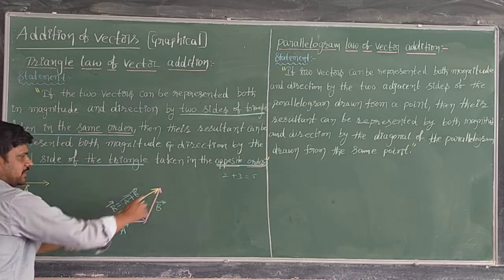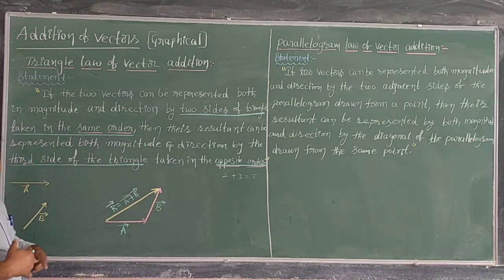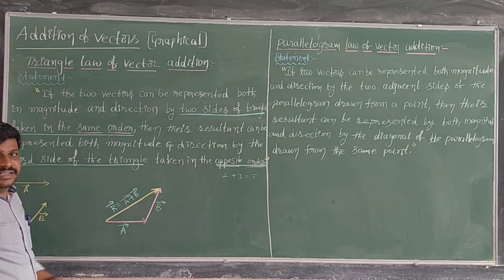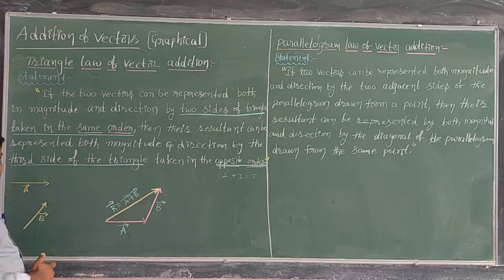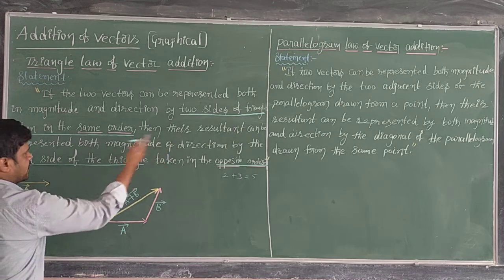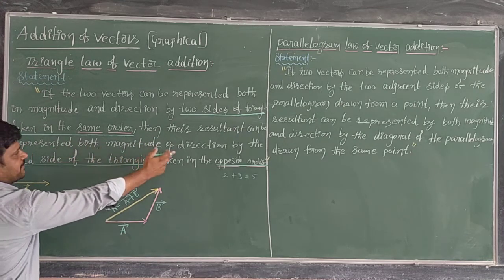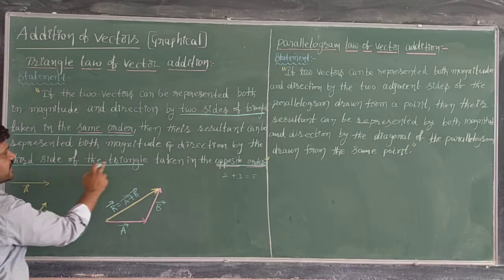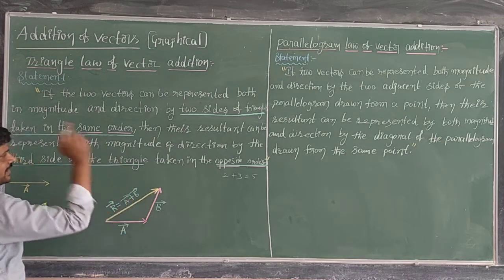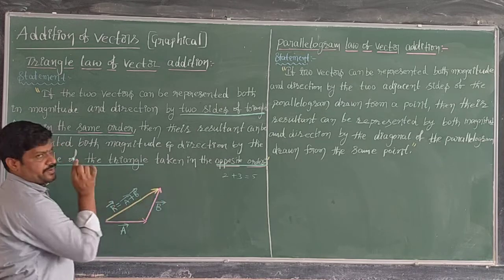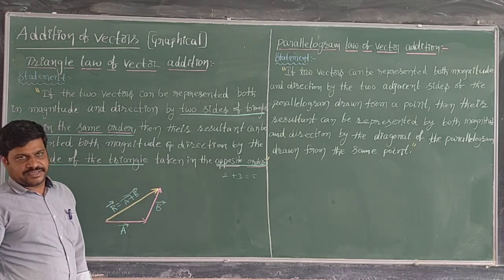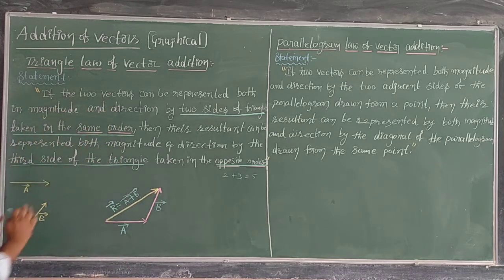Magnitude means length. When A plus B are added, the length will increase, the value will increase. That's why this line is very lengthy. Then their resultant can be represented both in magnitude and direction by the third side of the triangle taken in the opposite order. Opposite order means head to head must coincide. Now this is the triangular law of vector addition.